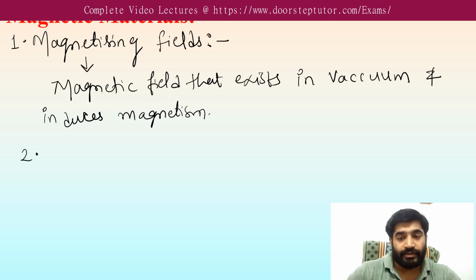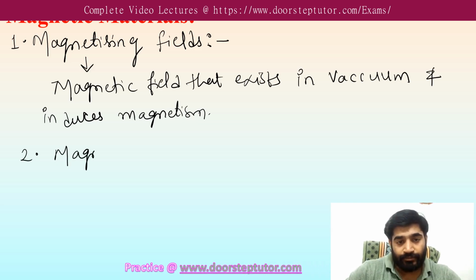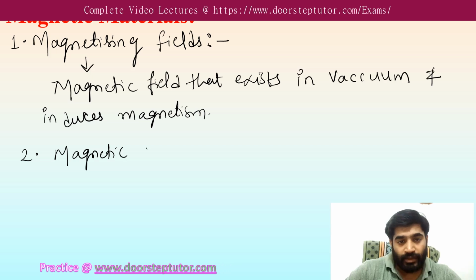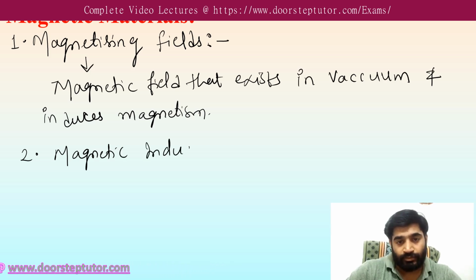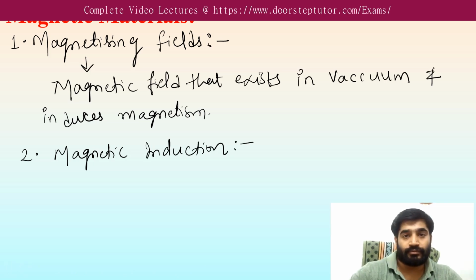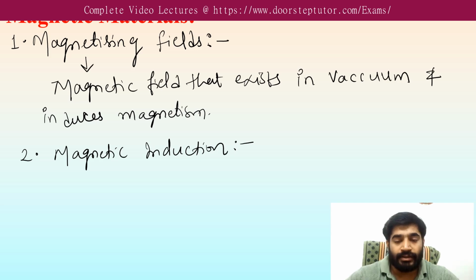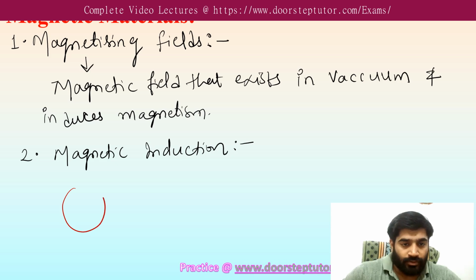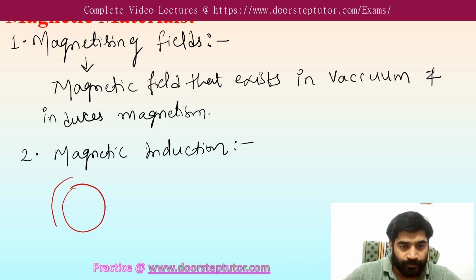The second thing that you must know is magnetic induction. In magnetic induction, again think about your toroid.